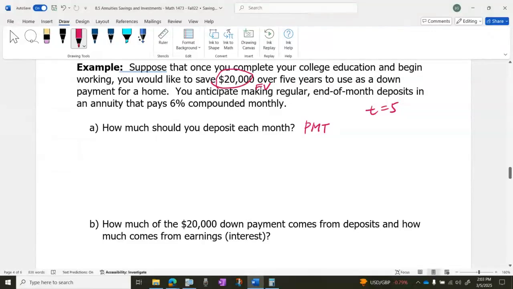Okay, so let's see. We use the app, right? We have capital N, we have PV, we have PMT, we have FV, oh, I missed an I% here. Apologize.